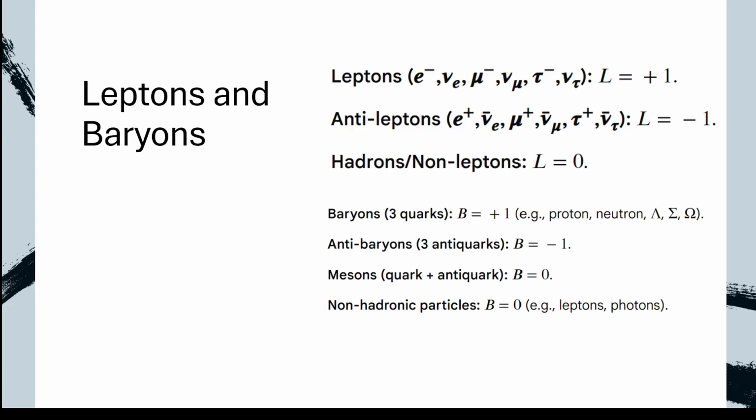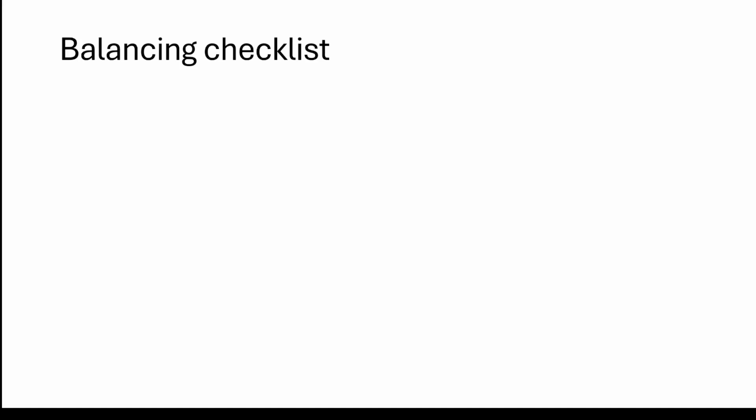As you can see, baryons, which are made up of 3 quarks, will always be +1. Antibaryons, 3 antiquarks, -1. Mesons are 1 quark and 1 antiquark, so B is 0. And non-hadronic particles like leptons or photons have a baryon number of 0. Now, the balancing checklist. What do you start with when you start finding out whether a given decay equation is possible or not?